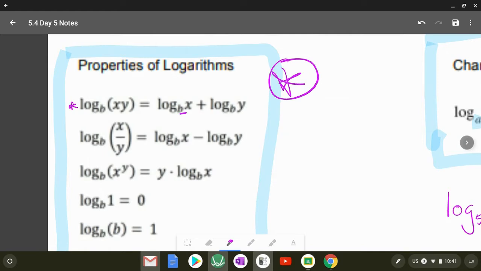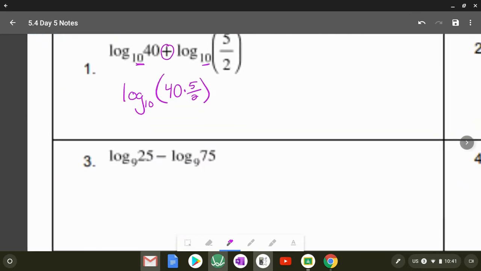If I have 2 logs with the same base being added, I can condense it to a single log by multiplying whatever is on the inside of those 2 logs. Again, going the other way, if I also had a single log and I wanted to split it apart, I could do that by adding the 2 logs separately with whatever's on the inside. So these do go back and forth.